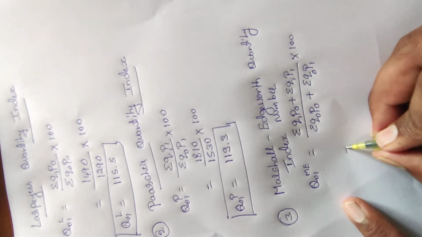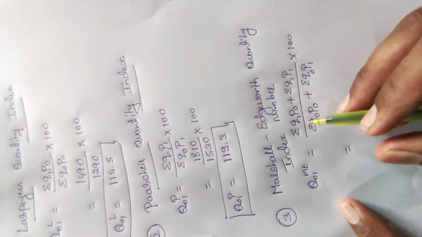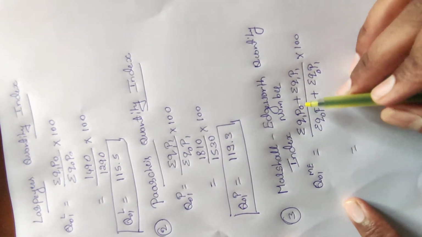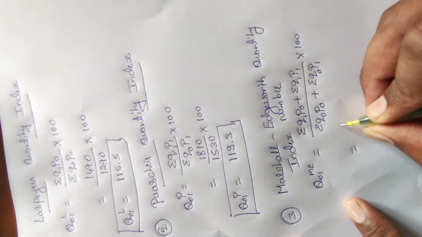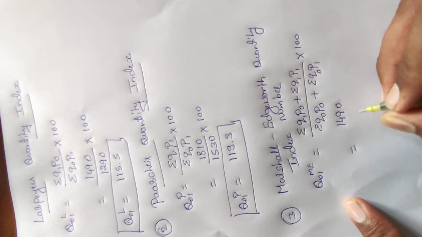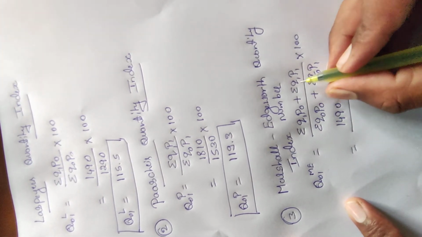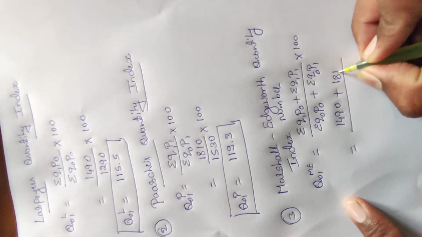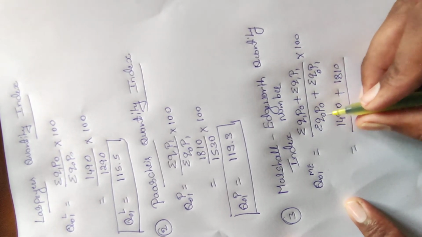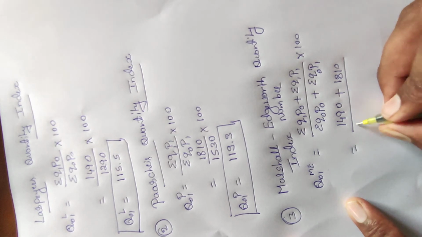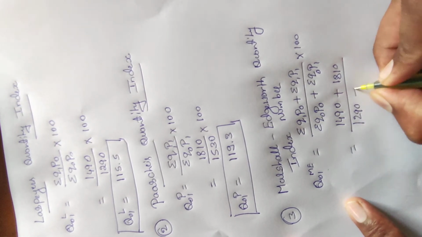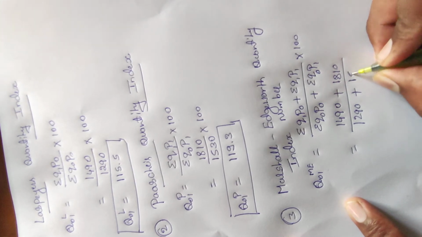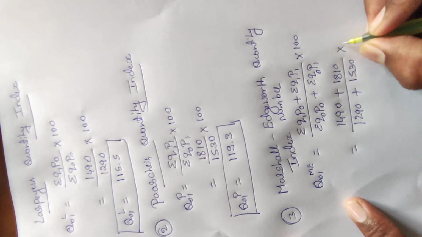So next we should identify the values. The values appear in the table. Summation of Q1 P0, the value is 1490, plus summation of Q1 P1, the value is 1810. Next summation of Q0 P0, the value is 1290, plus summation of Q0 P1, the value is 1530, into 100.